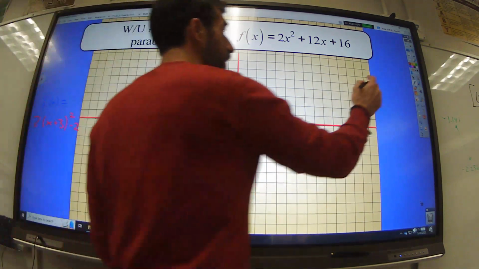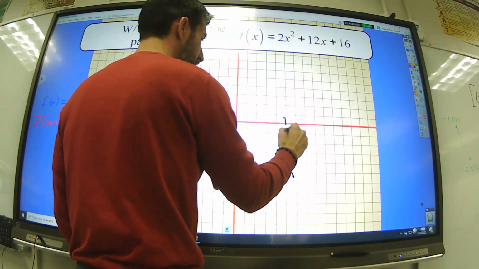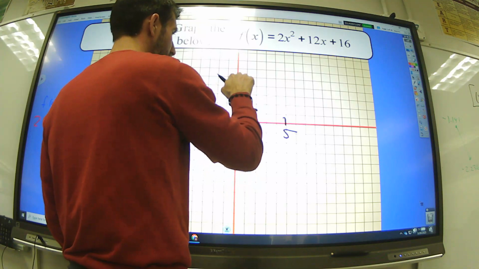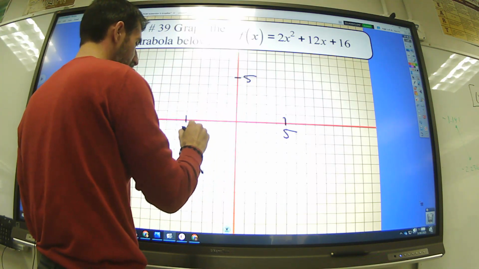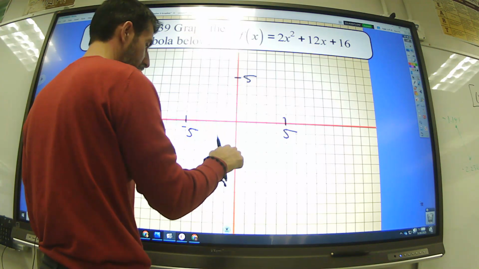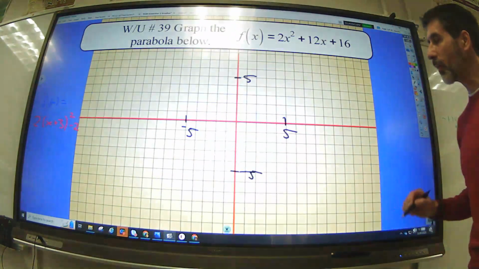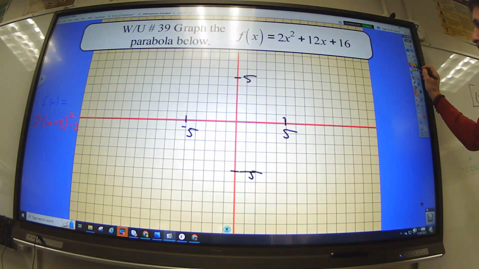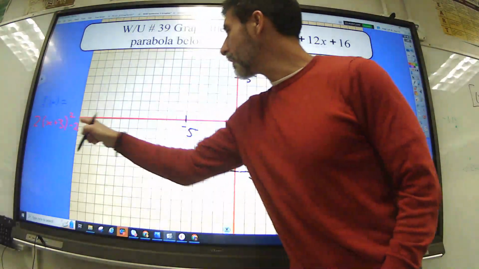Let's put all our points. We go 1, 2, 3, 4, 5, 1, 2, 3, 4, 5, 1, 2, 3, 4, 5, and 1, 2, 3, 4, 5. Negative 5. Okay, what's my vertex? Negative 3, negative 2, right? H and K. Negative 3, negative 2.